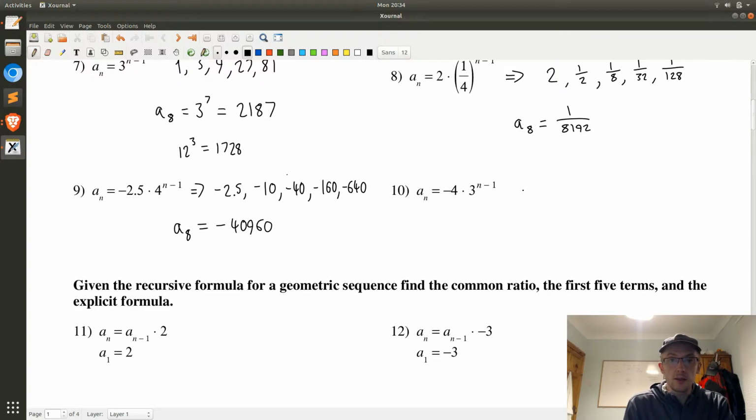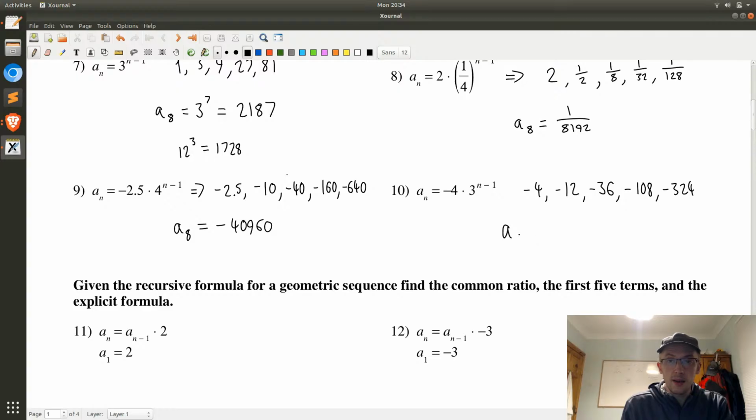How about here, though? How about the first 5 terms? The first term is just simply going to be negative 4. The next term, I'll multiply by 3. You see, the common ratio. So I'm going to get negative 4, negative 12, negative 36, negative 108, negative 324, and that's great.